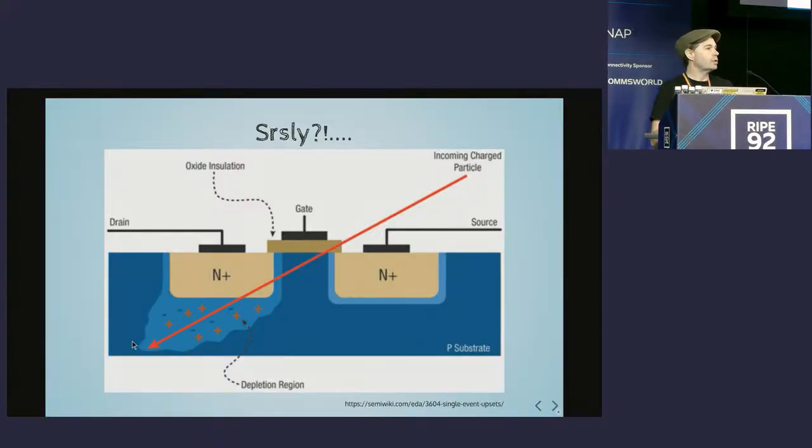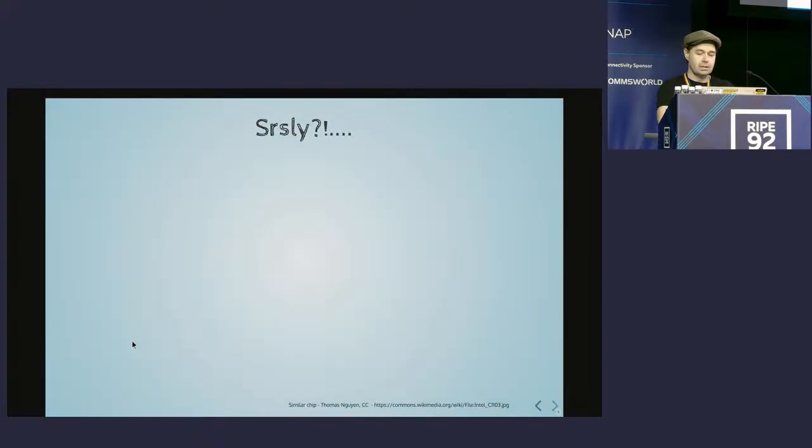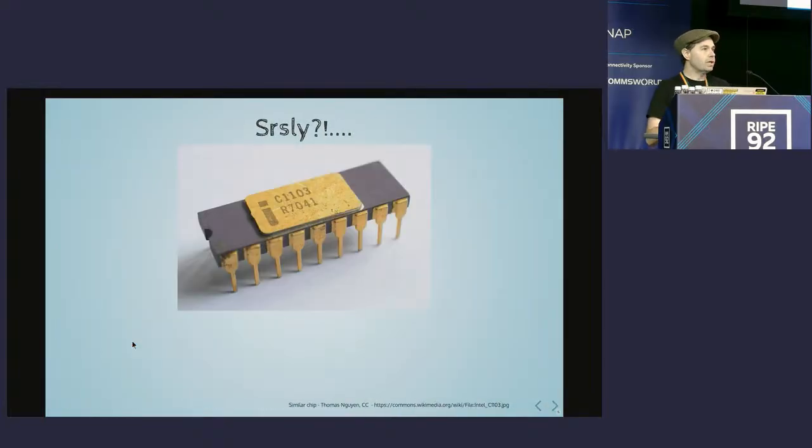One of the most common causes of this is radiation. A common thing is cosmic rays, or if you are using leaded solder, lead used to contain little bits of radioactive material. One of the best known cases is from around 1974.